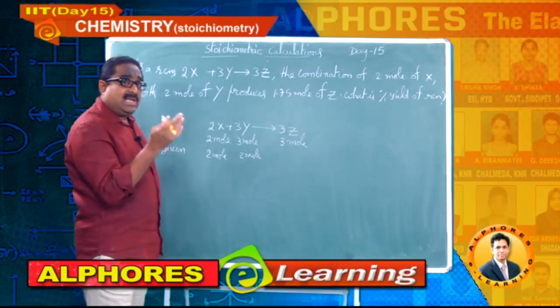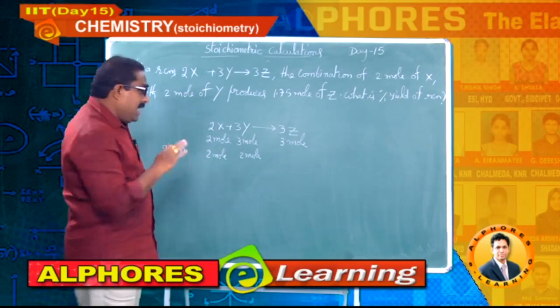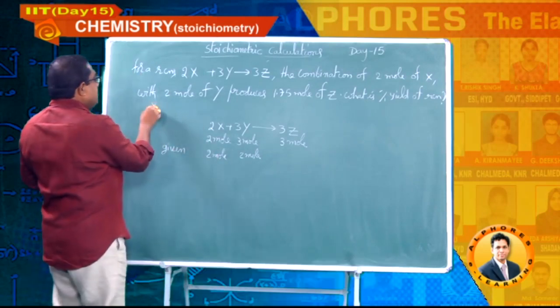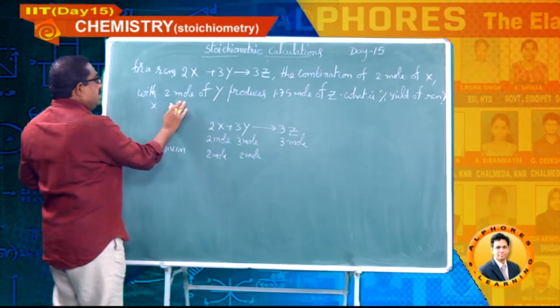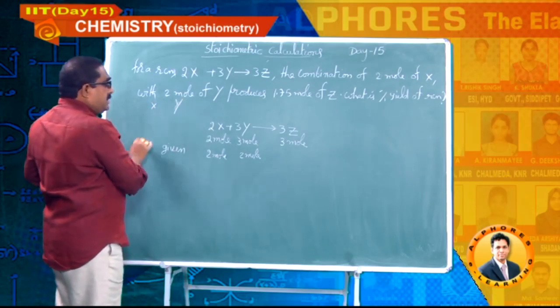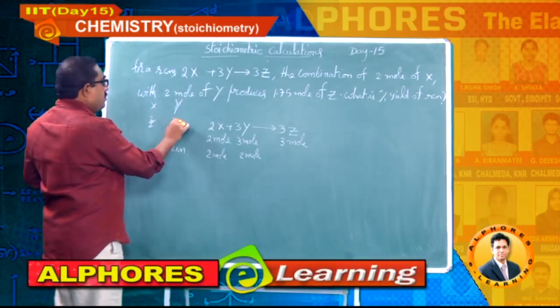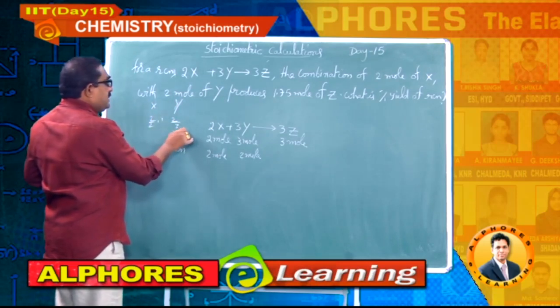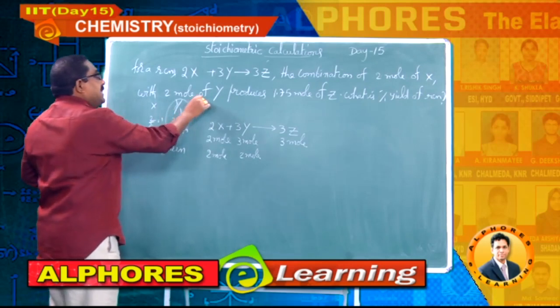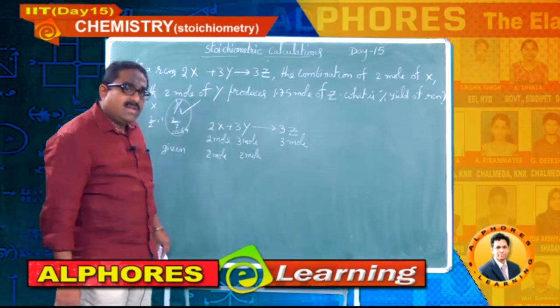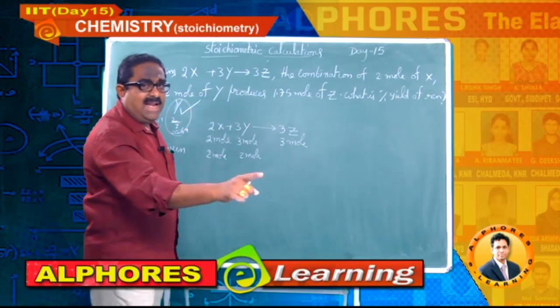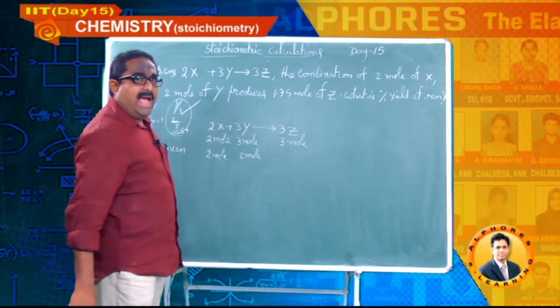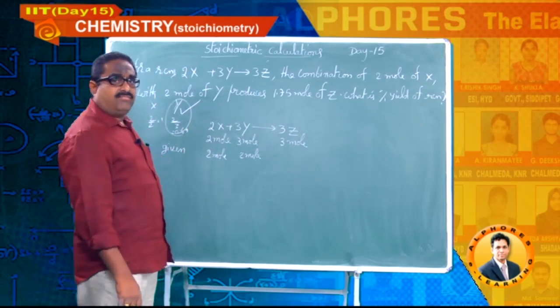There is an approach, given moles by stoichiometric moles. For x and y I am doing here 2 by 2, 2 by 3. This is 1, this is 0.67. So this has the least value, so you should fix y as limiting reagent.